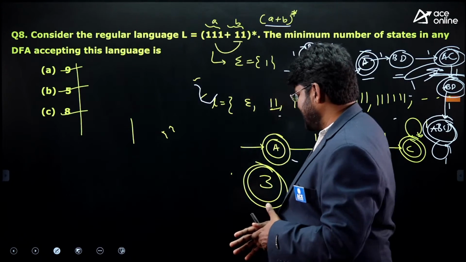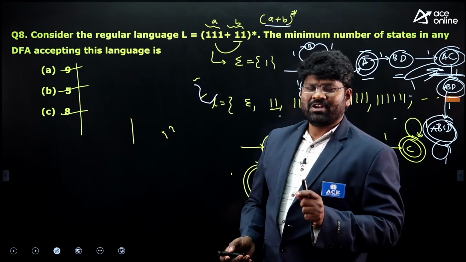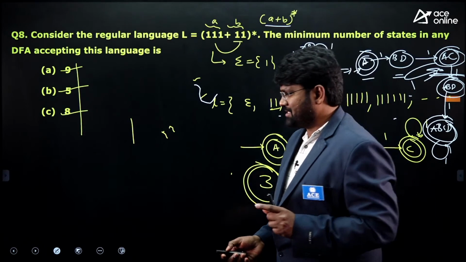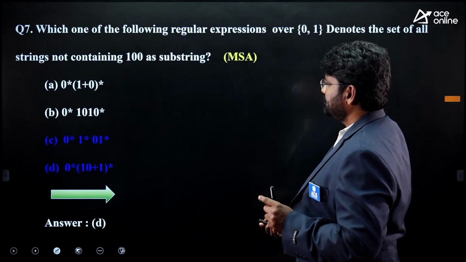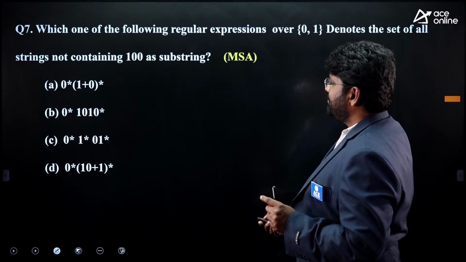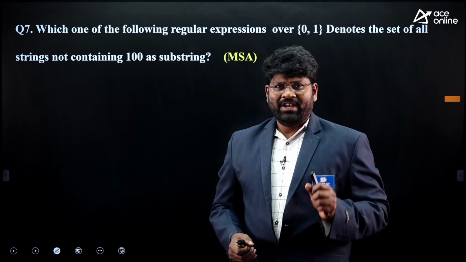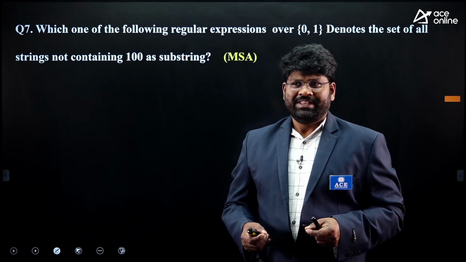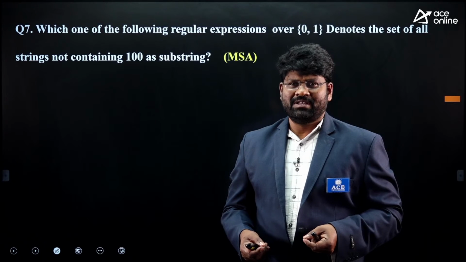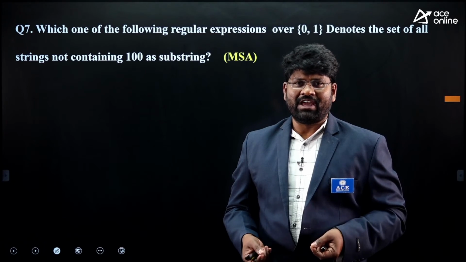Come on, let's get back to the next question. I will take you to a similar model question on regular expressions. This is one of the questions that will always make us select the wrong answers. There are a lot of misconceptions among people while selecting the regular expression for a given regular language.